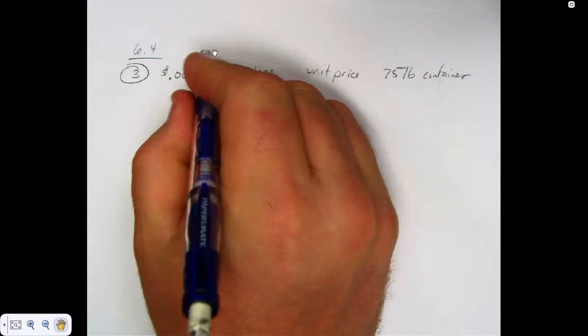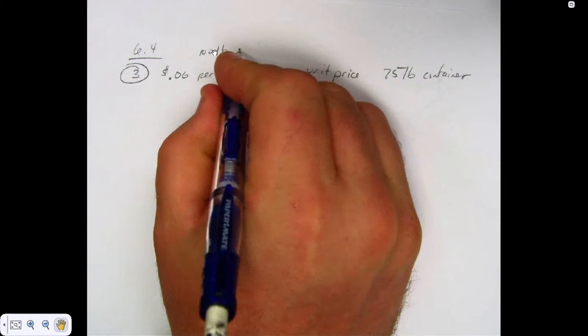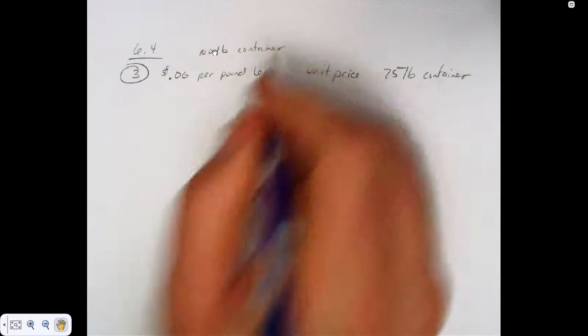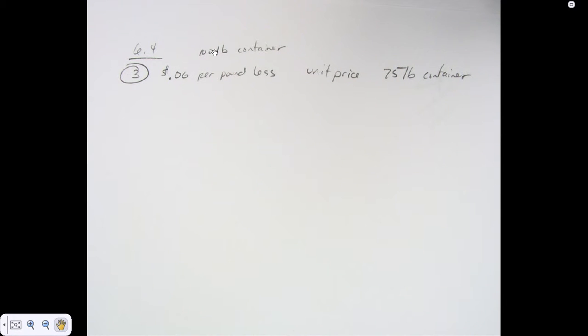And this is a 100-pound container. The 100-pound container costs $55 more than the 75-pound container. Find the cost for each.